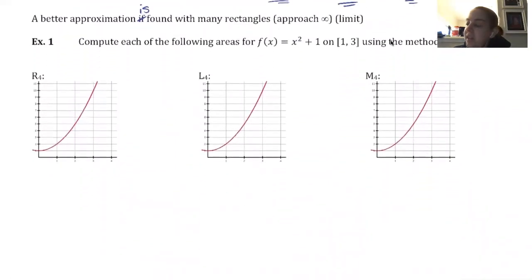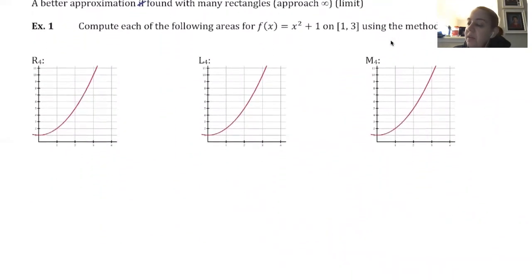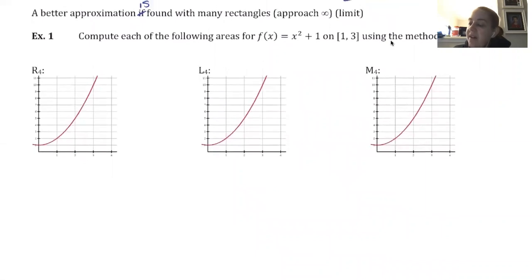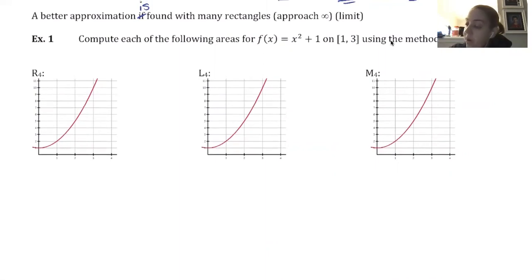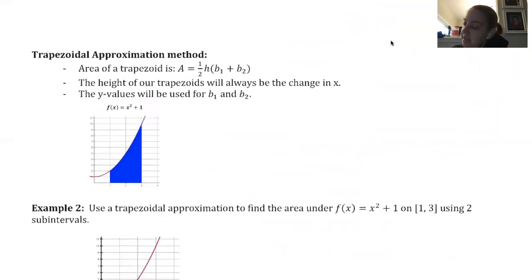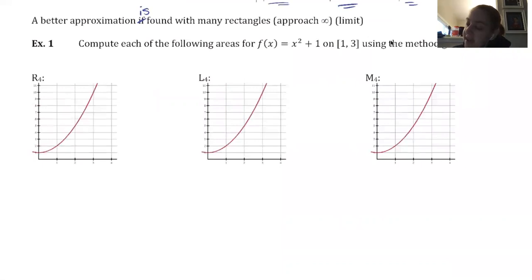So what does this look like for us? Compute each of the following areas for f of x equals x squared plus 1 on the interval from 1 to 3 using the method given. Now, I've graphed this for you already, and we are looking to find the area between 1 and 3.